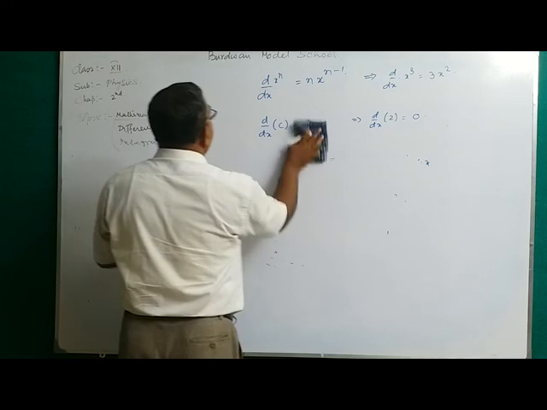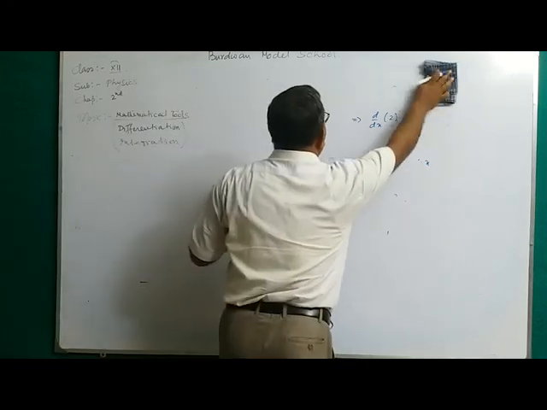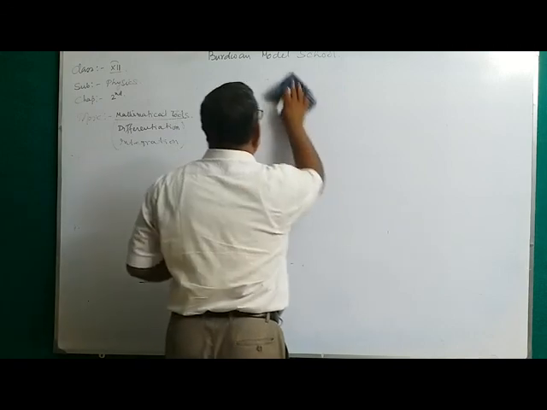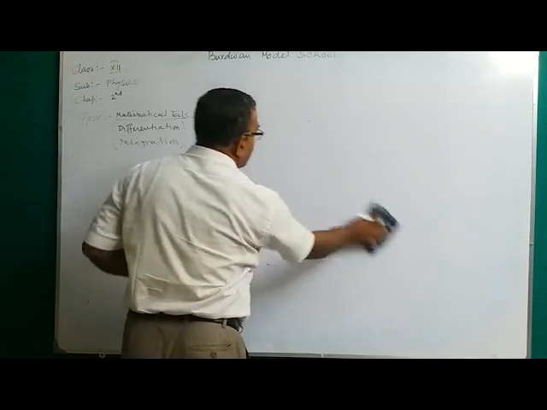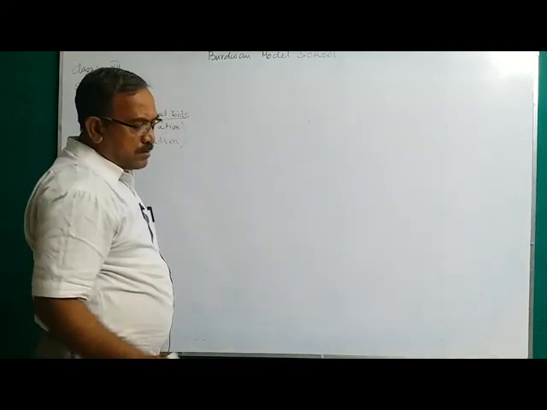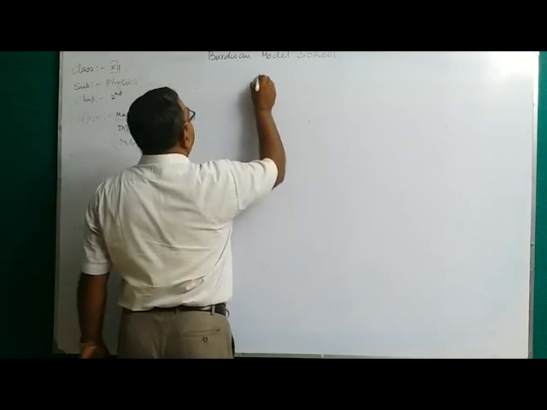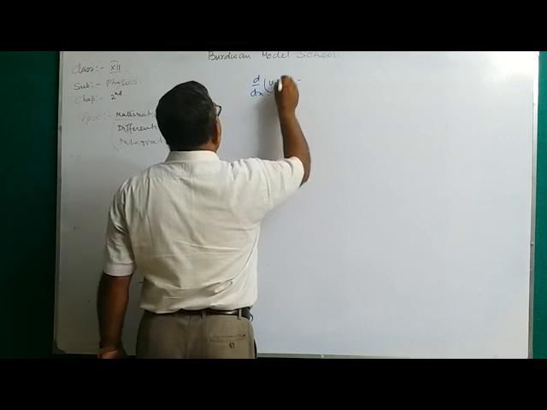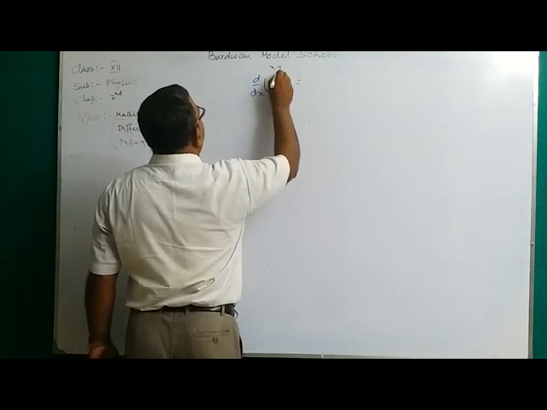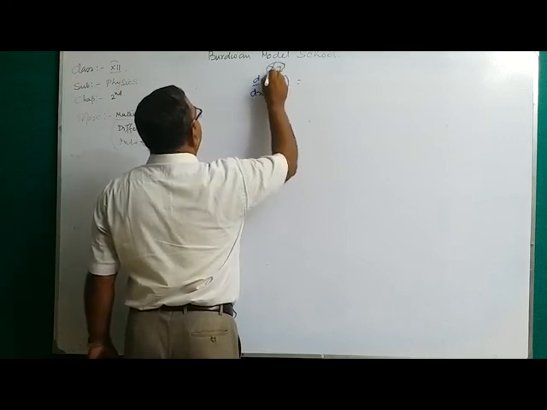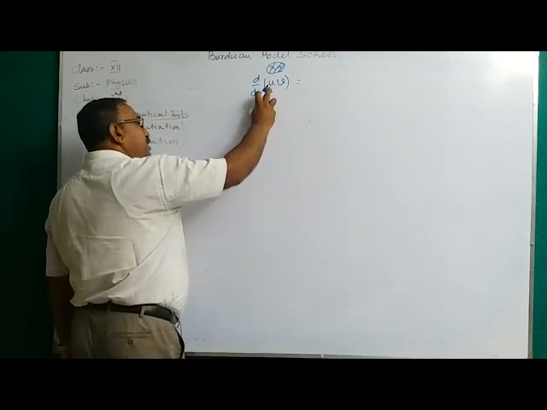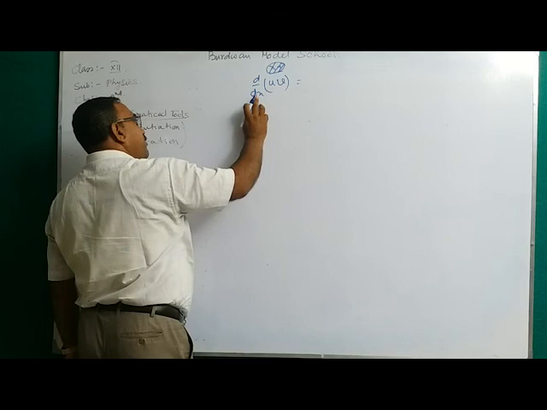Product of two variables. Suppose you consider d dx of u into v. The two variables, suppose u is a function of x, v also a function of x.